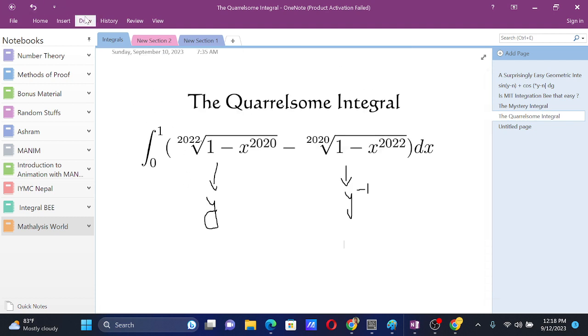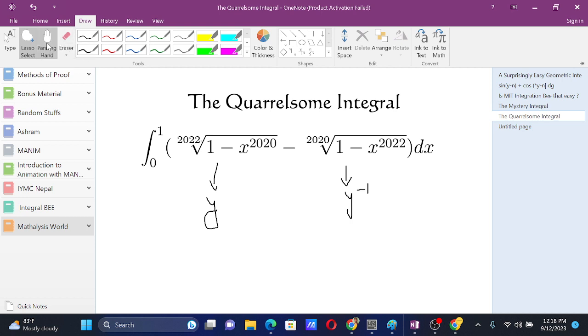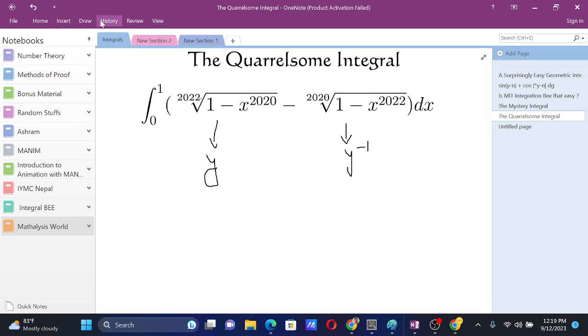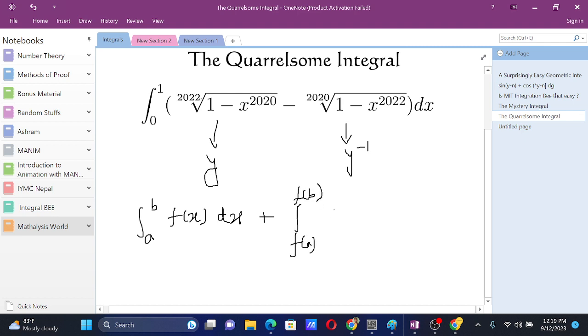Now we will need to know a property of inverse integrals, which is like this. If we have the integral from a to b of f of x dx, in sum with the integral from f of a to f of b of f inverse x dx, the result is just b f of b minus a f of a.